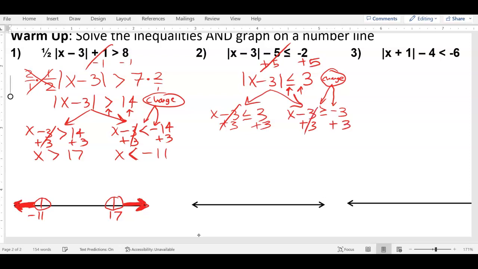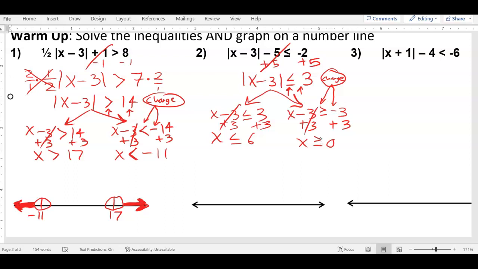All right, so on this one, x is less than or equal to 3 plus 3 is 6. And on this one, x is greater than or equal to -3 plus 3 is actually 0.